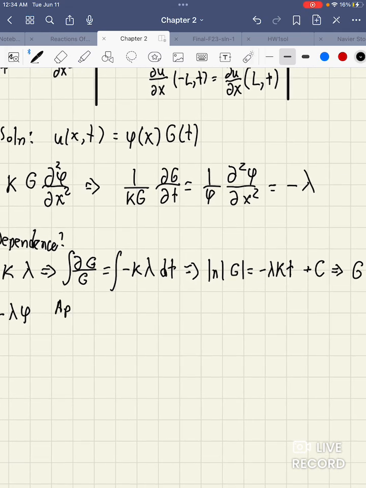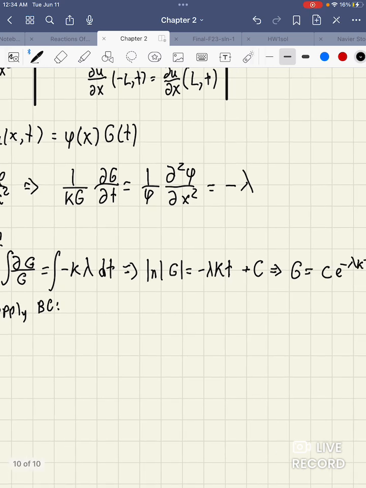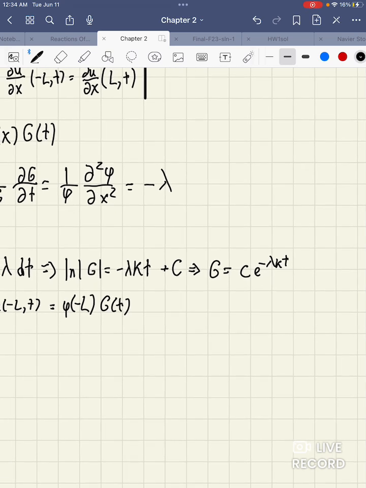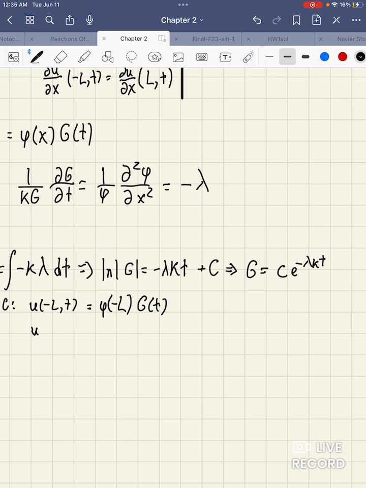Applying the boundary conditions, we get that u of negative L and t is equal to phi of negative L times g of t, and u of L and t is equal to phi of L times g of t.